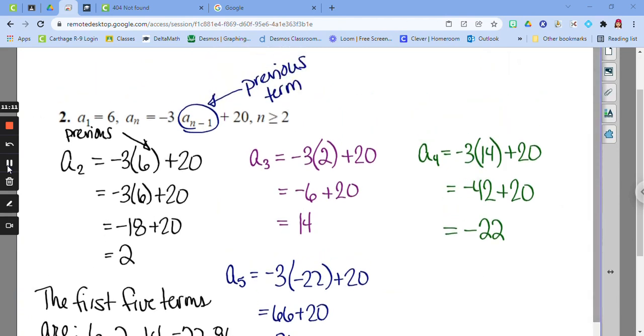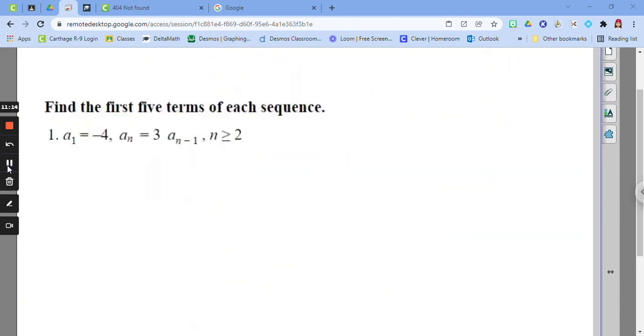So let's jump back to 1. We have the first term. We need to start looking for the second. So the second term is 3 times the first term, the previous term.